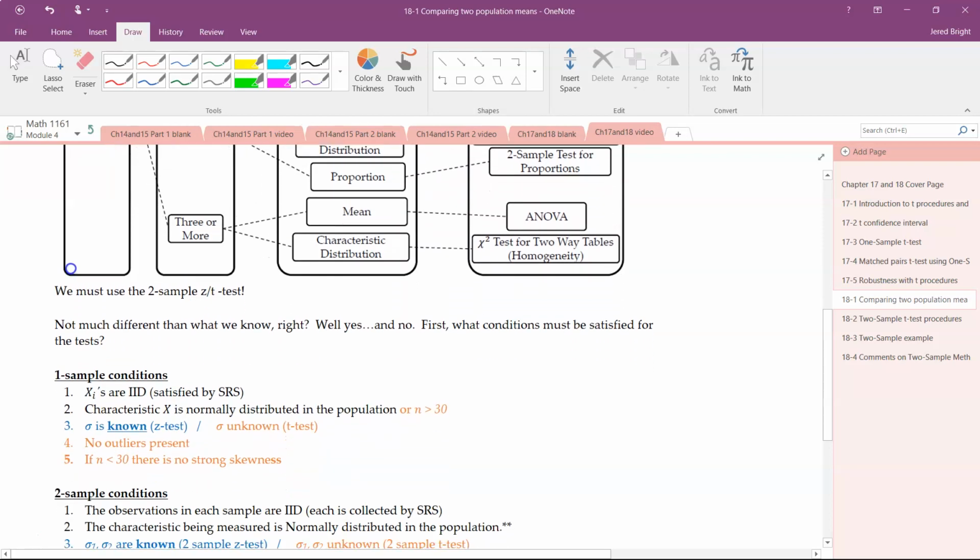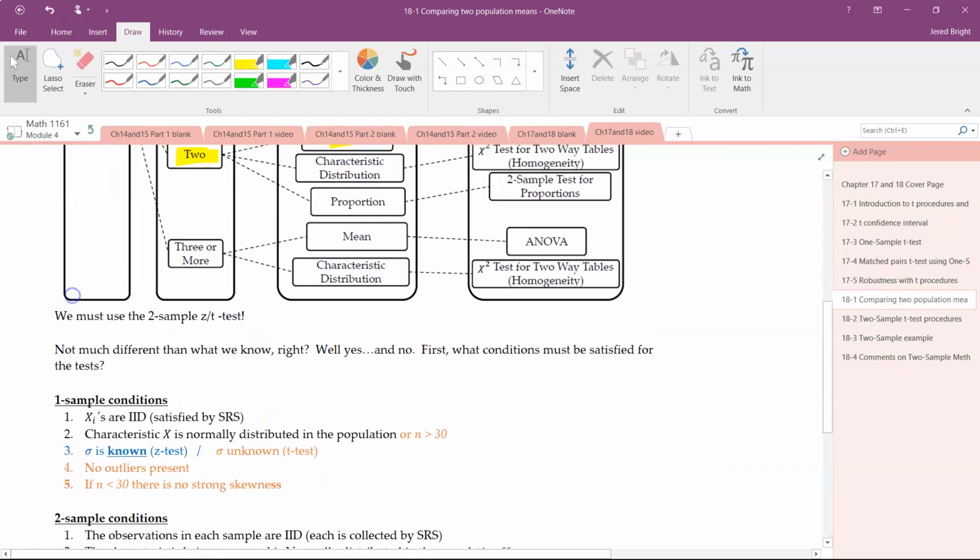Just as a reminder, at the end of the chapter 17 videos, there was that idea of robustness discussed with the t-test, and I tried to capture all of the conditions for the t and the z in this nice little list here. Both the t and the z require IID observations, and we get that by SRS.